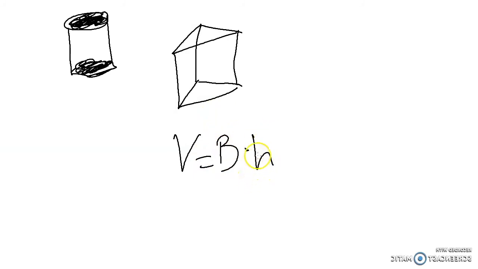Okay? That makes sense? So let's say that this base here on the bottom has an area of, let's say, 20 square inches. And the height is, let's say, 5 inches.